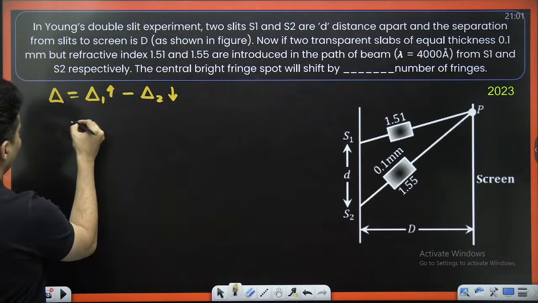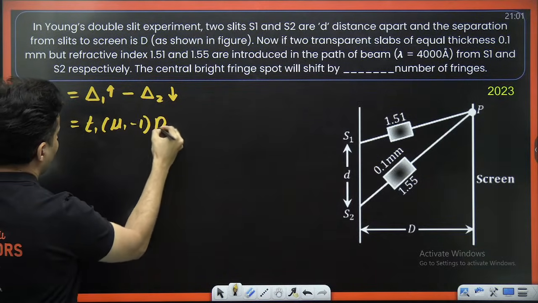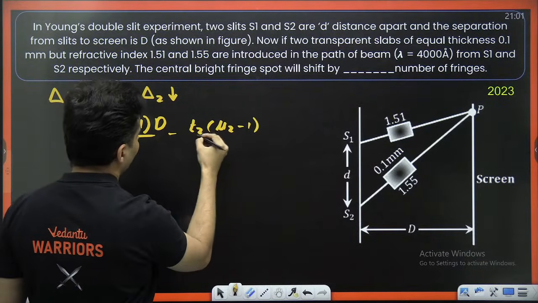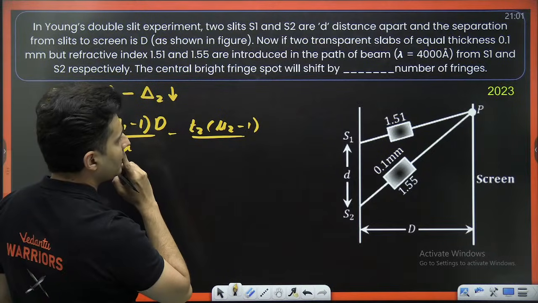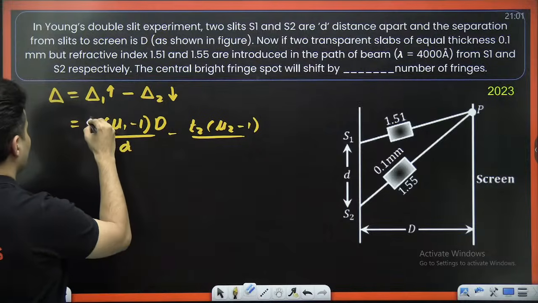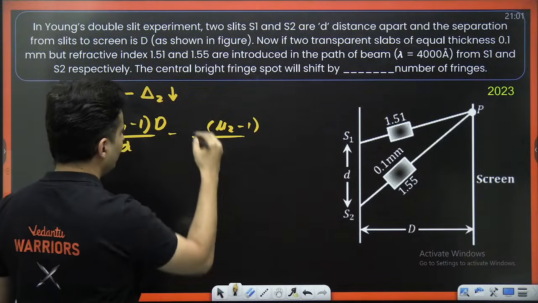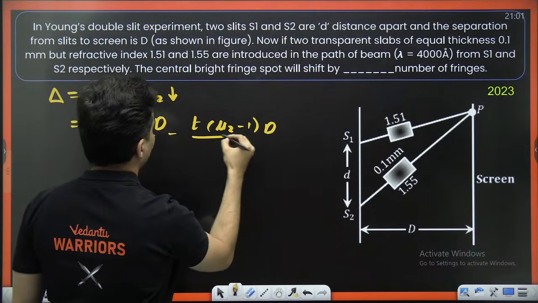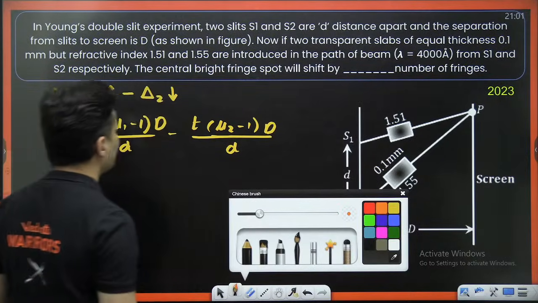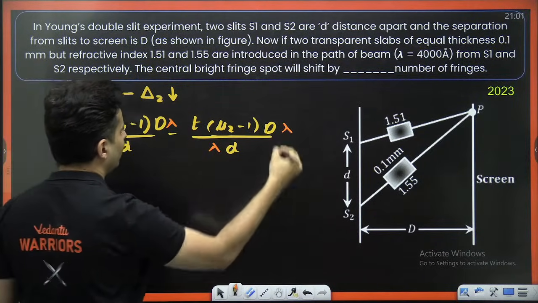Now, what is the shift due to 1? It will be thickness 1 into mu 1 minus 1, capital D by d, minus thickness 2, mu 2 minus 1, capital D by d. The thicknesses are the same, so why not just write it as T, no need of T1 and T2. Now I do one more magical thing: I divide by lambda and multiply by lambda.